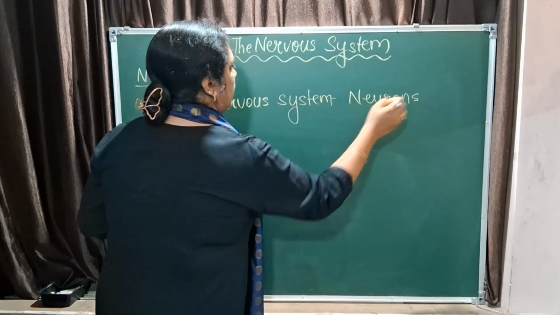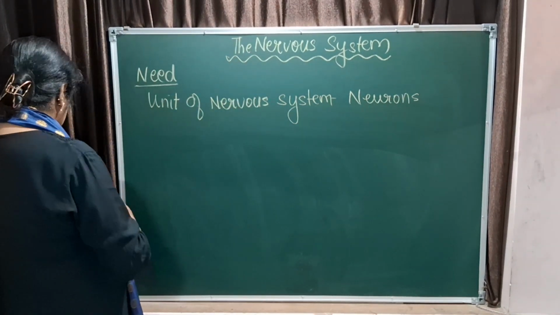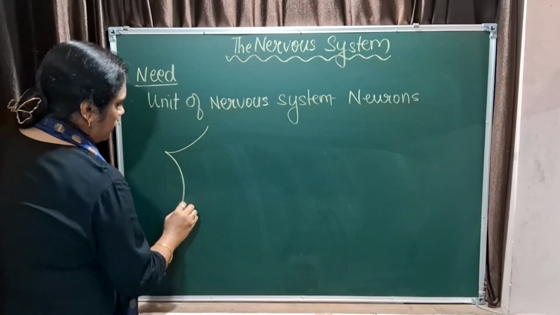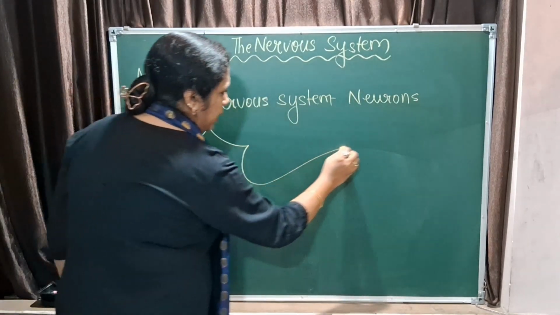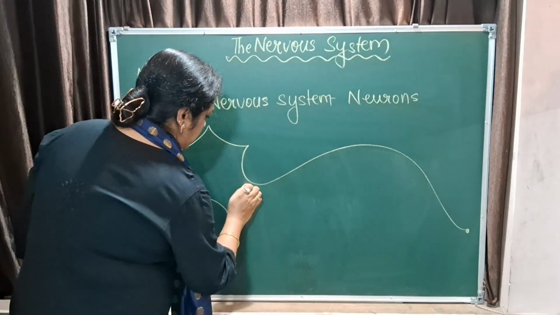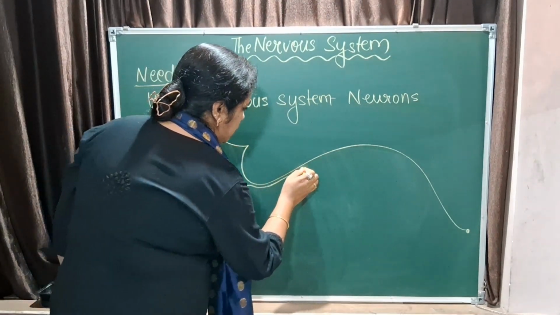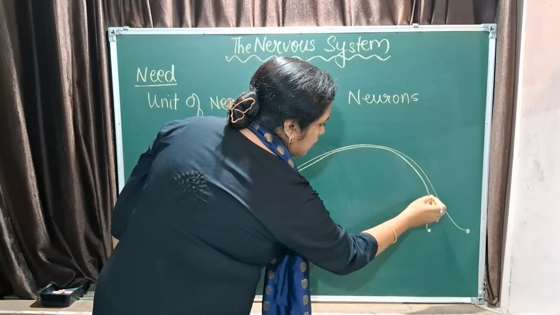The diagram can be asked in the examination. Let us have a quick diagram. Remember, draw it as a kind of star with a long tail. Follow the tail easily, with smooth lines, no shedding. These are the axon terminals.